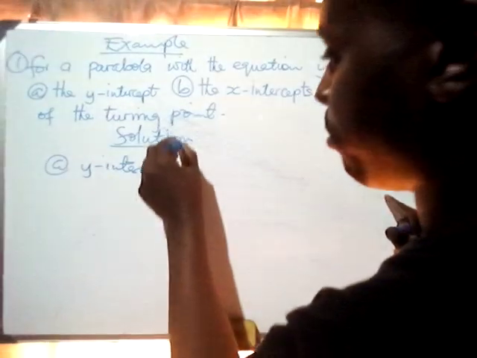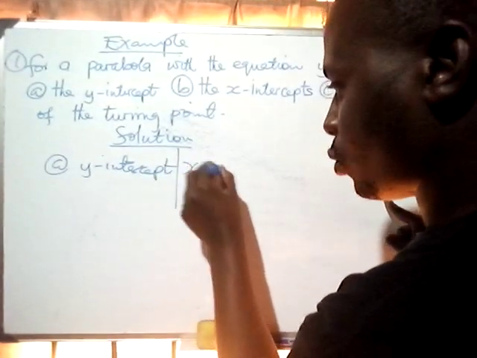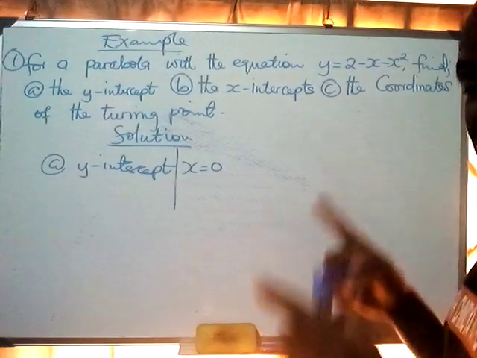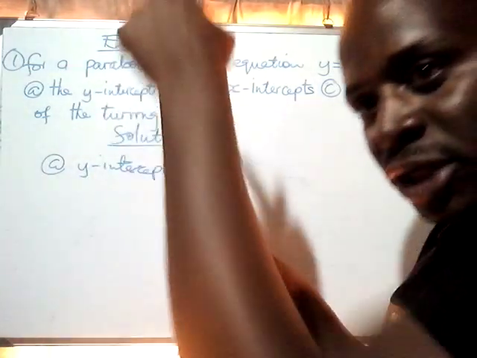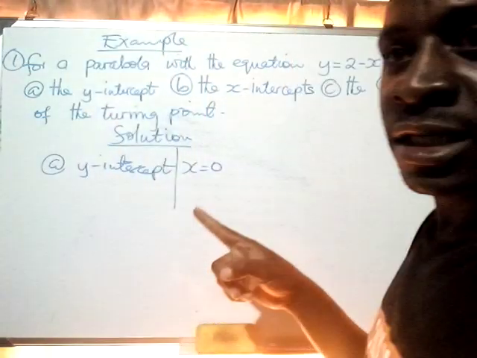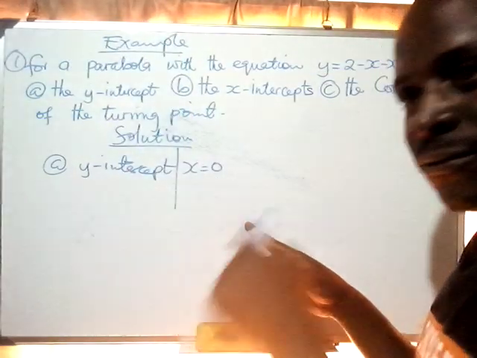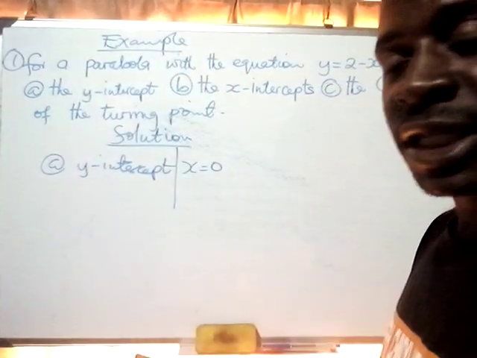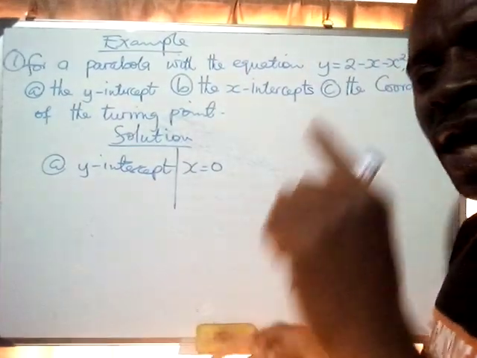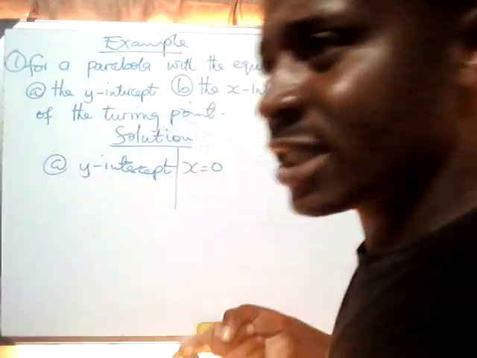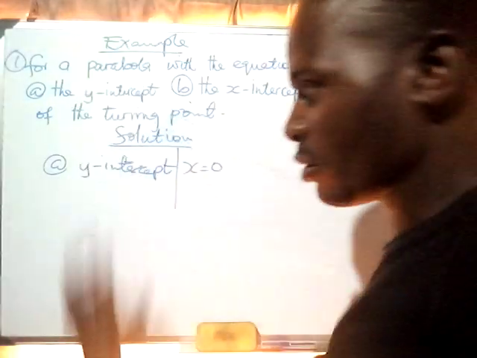Remember, the y-intercept is a point where x is equal to 0. The y-intercept is a point along the y-axis where the parabola crosses the y-axis. Where the parabola crosses the y-axis, the value of x is always 0.